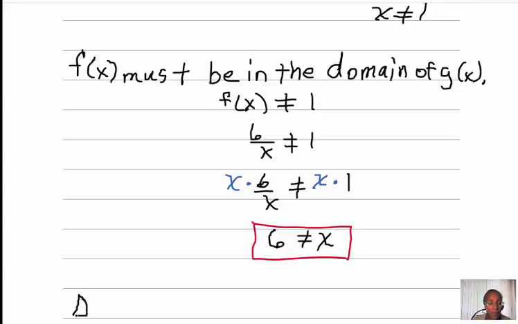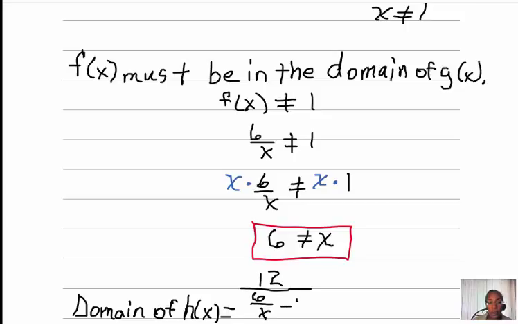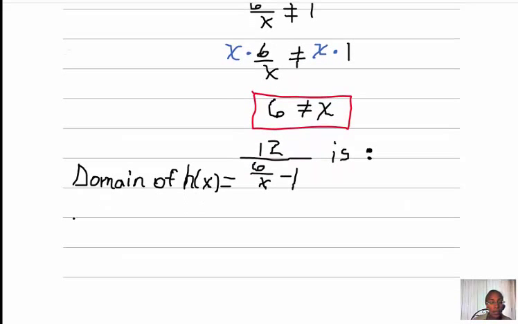So the domain of h of x, which is 12 over 6 over x minus 1, is, let's write that in interval notation as the problem asks us to do, all numbers left of 0.